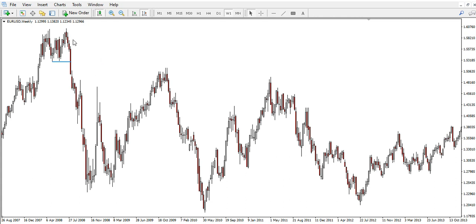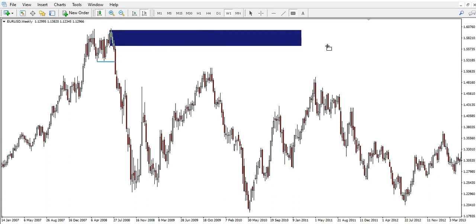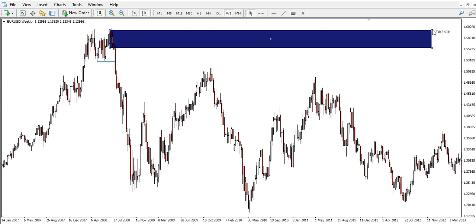Price broke into the bearish direction. So this here is a shift of market structure, the moment this happened. So what then do we do? We have to find an entry for a sell up here.